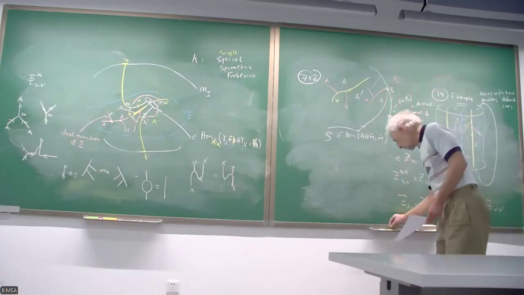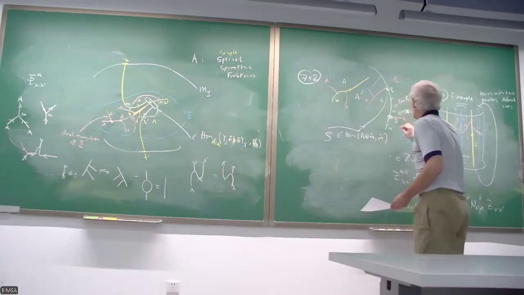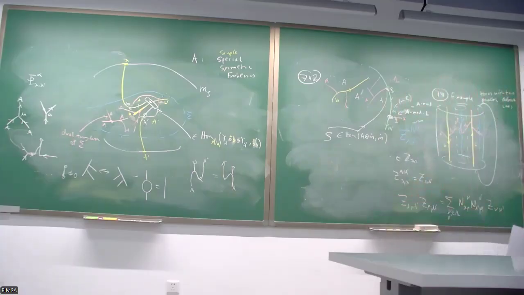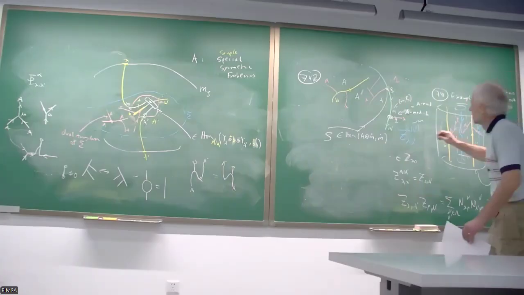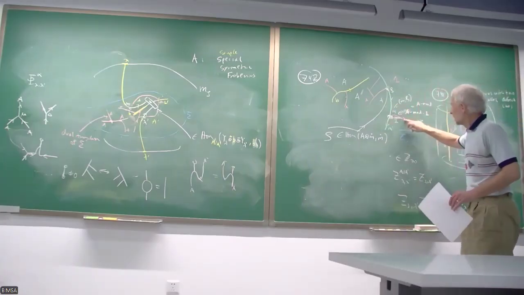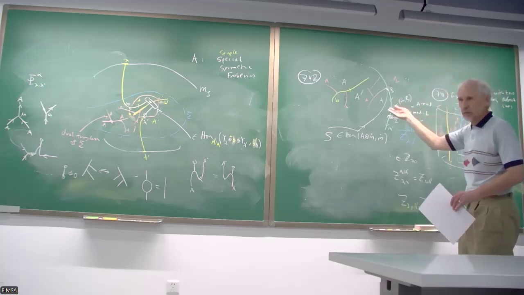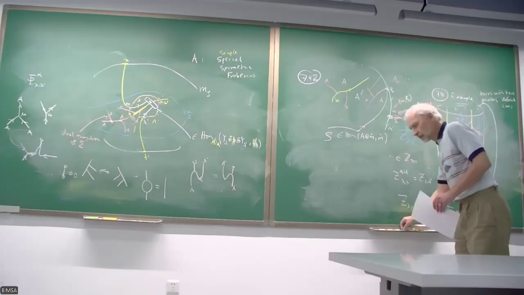And then it turns out that there is an additional label, lambda, which again is a line which I connect to the boundary of the three-manifold, which is sigma hat.